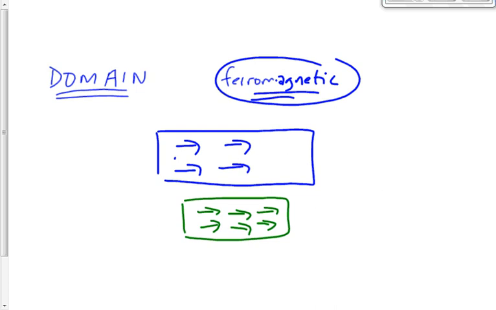So these domains, although they don't necessarily point all in exactly the same direction, we get a net effect of these domains pointing more or less in the same direction. All right, so now it's become a magnet. It's a soft magnet, a temporary magnet, but a magnet nonetheless, at least for the time being.